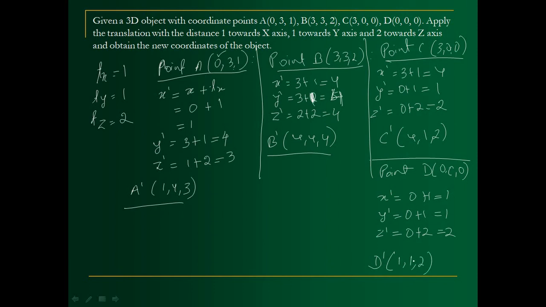So we will have the new points: A dash (1, 4, 3), B dash (4, 4, 4), C dash (4, 1, 2), and D dash (1, 1, 2).